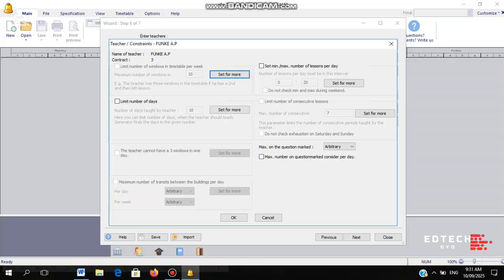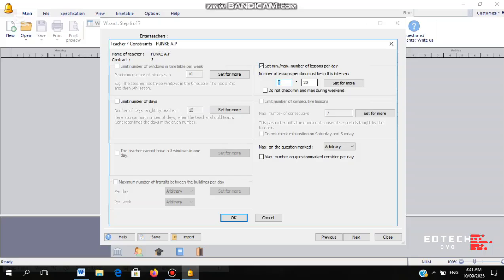Set minimum or maximum number of lessons per day. Now, assuming this person is doing 20 periods in a week, and we have 5 days. If you divide 20 by 5, that is an average of 4 periods per day. Now, it is computer. If you don't set this one, it can put Mrs. Funke, it can put 7 periods in a day for this lady.